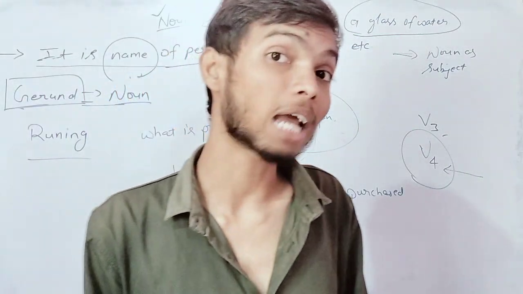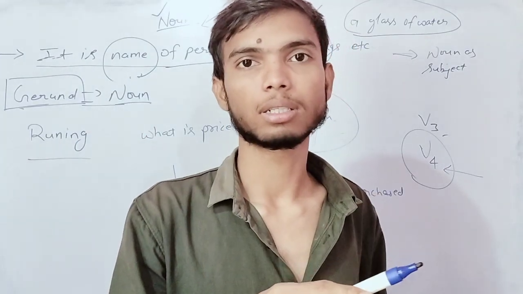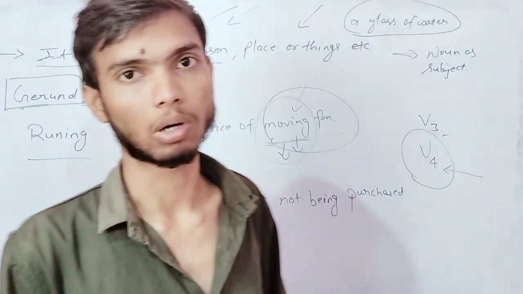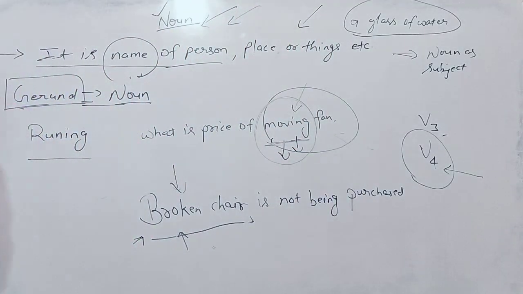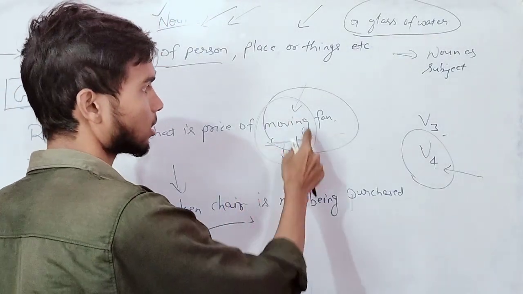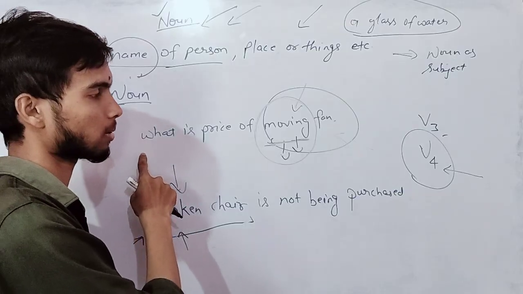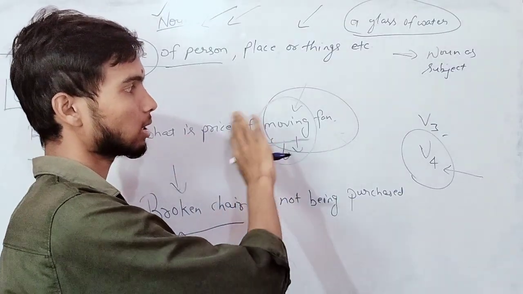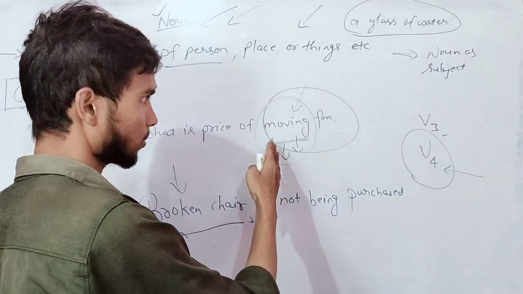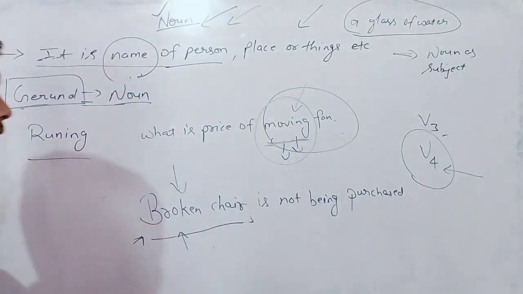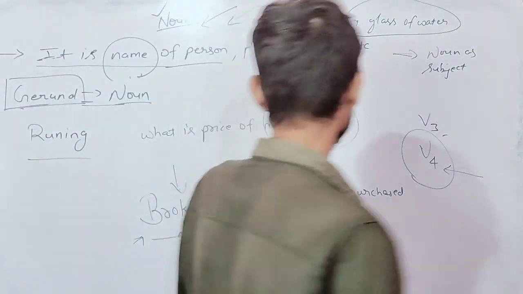Gerund noun can perform as an object, but here it is not in place of a subject or an object. Here this came before a noun. That's why it is not a gerund noun.